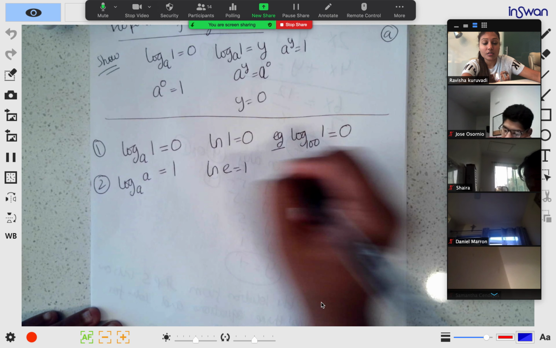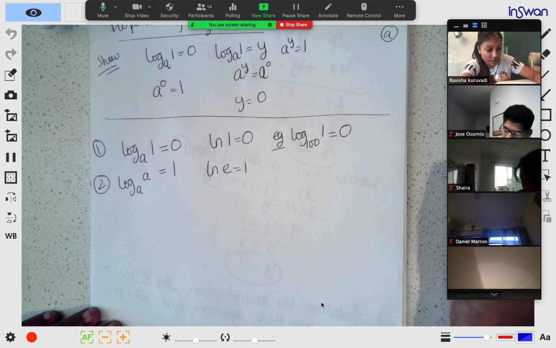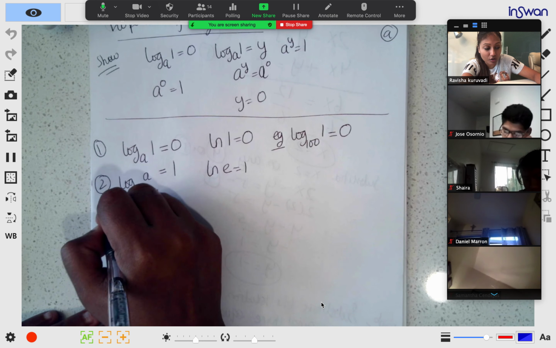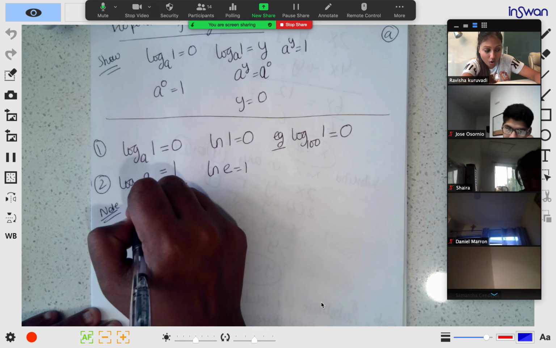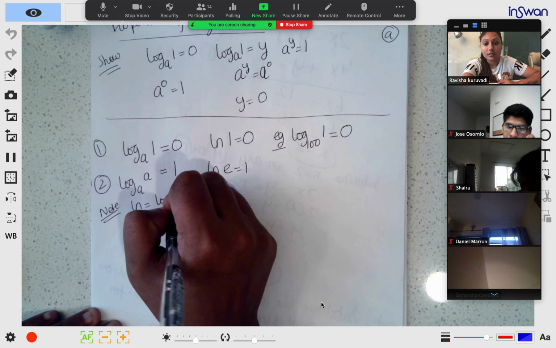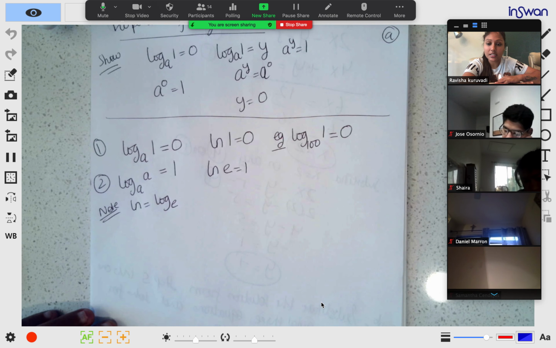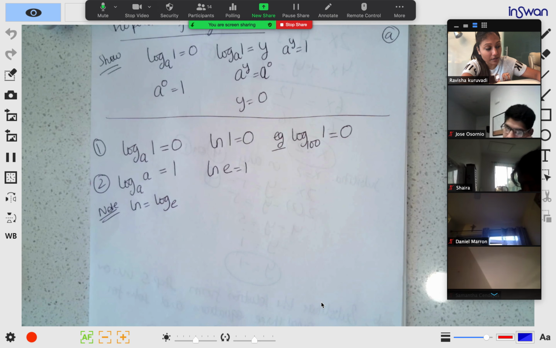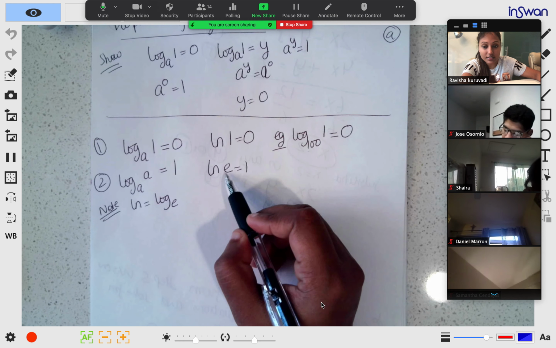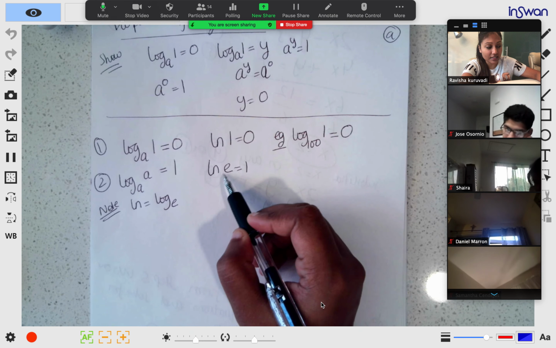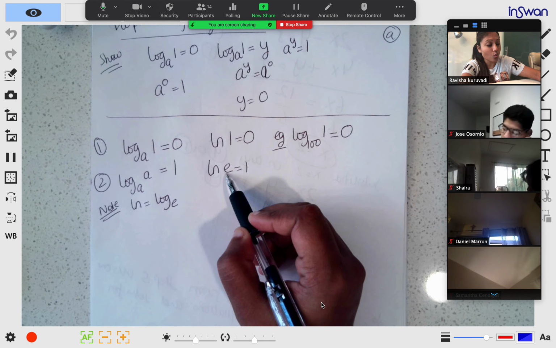The reason is because ln is actually log base e. What is ln? Log with base e. So it becomes log base e of e. Since the base and this number are the same thing, that's why it's equal to 1.